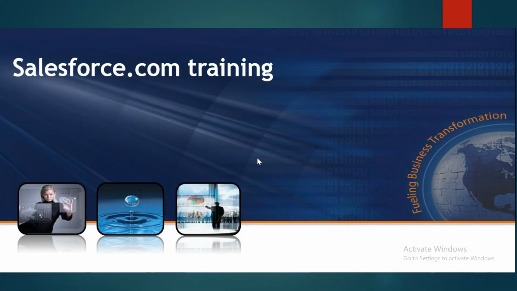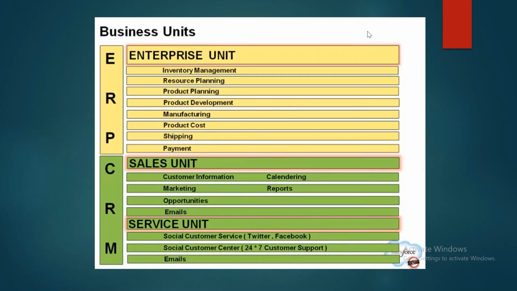Let's go with the normal slides, which I use as part of a demo. When we start any large scale business, we need to have two mandatory softwares. The first one is ERP. ERP stands for Enterprise Resource Planning.